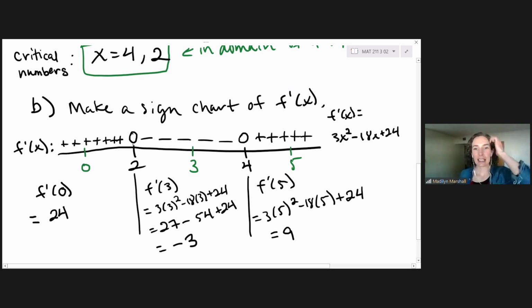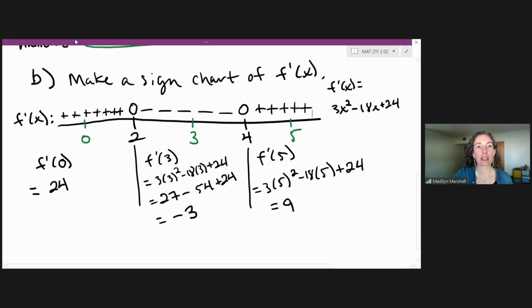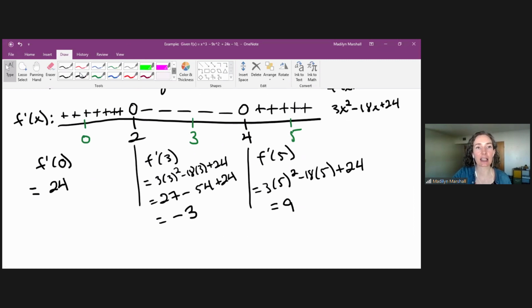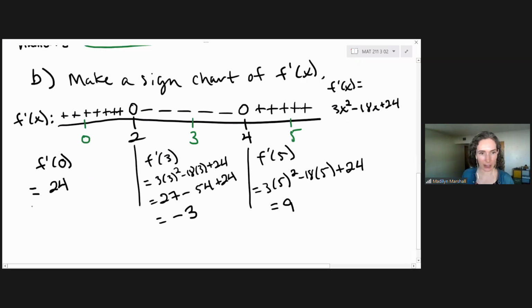So we have these sections of f prime: positive up until 2, negative between 2 and 4, and then positive after 4. So this question was actually asking where is this function increasing and decreasing?